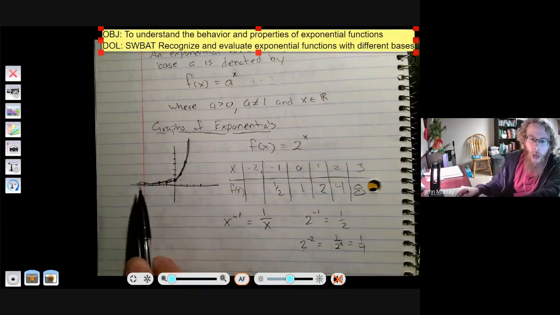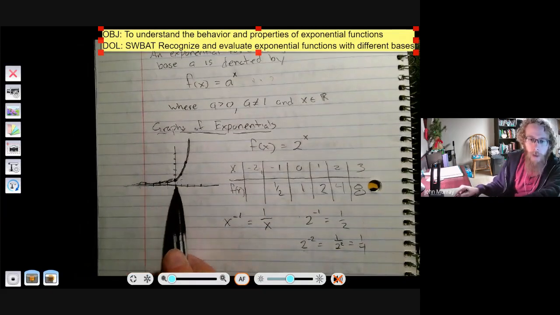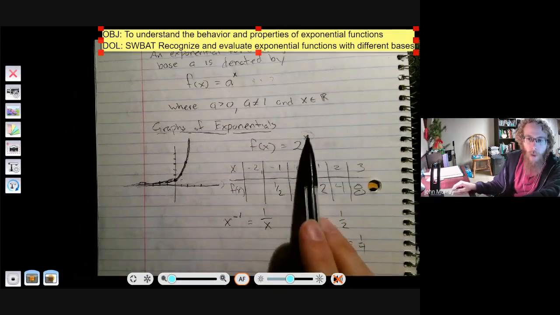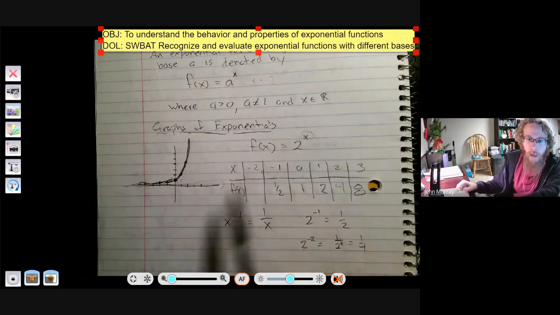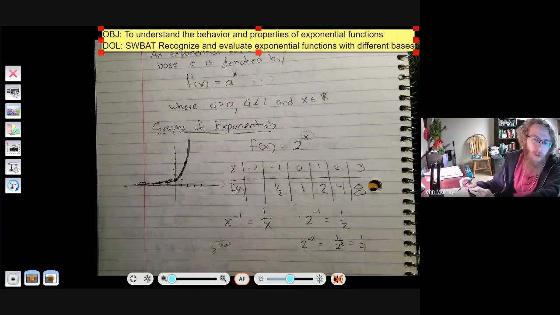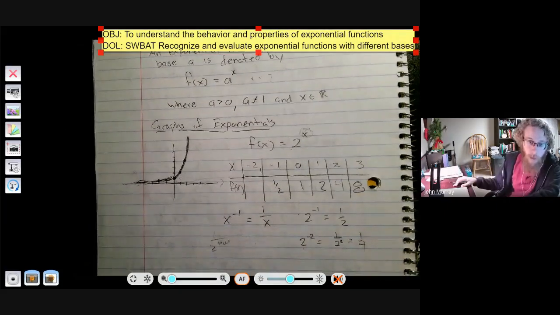But what happens is we're never going to cross this x-axis. I will never plug a number into this exponent to make this negative. Okay, I can plug in negative 1,000, and that would be 1 over 2 to the 1,000th power. That would be a very, very, very tiny fraction, 0.0000, who knows, right?